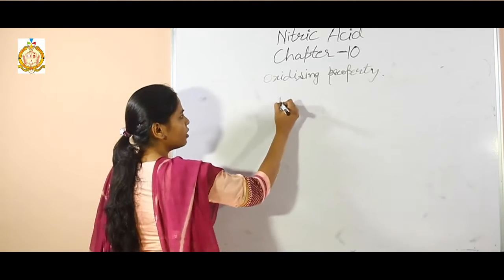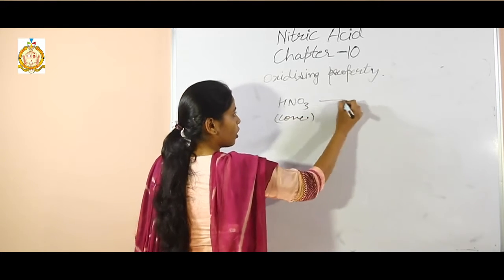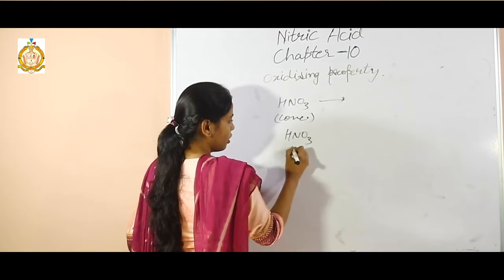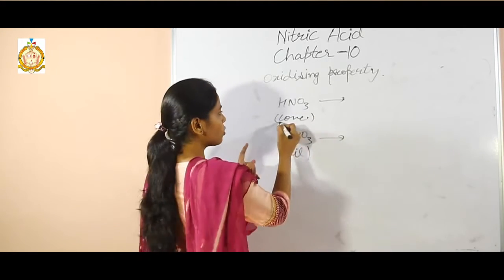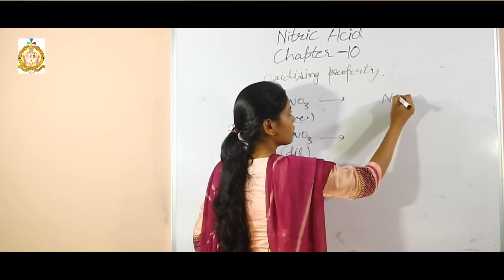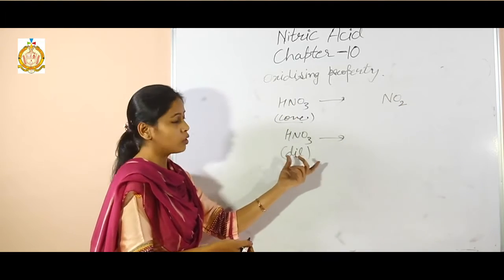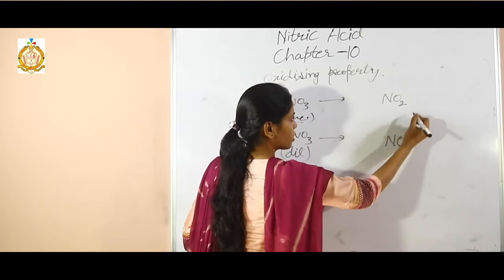The concentrated nitric acid, what will it give? In the previous video we did dilute. So what is the product when it is written concentrated? The product is nitrogen dioxide. And when it is written dilute, what is the product? It decomposes into nitric oxide.